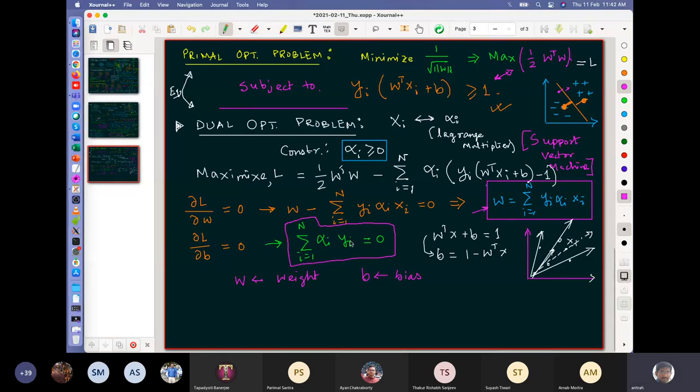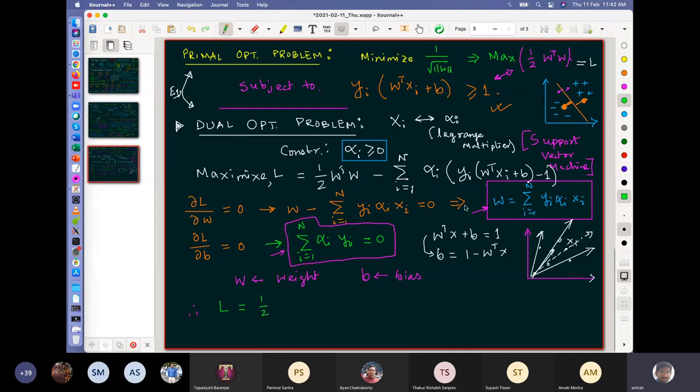Now with these two final values, we need to plug them into the L, because we are maximizing the L, and L will be maximized when my W is this, and with respect to B I got this condition. So finally where I end up is, my maximized value of L is half WT into W. So let me just put the values.